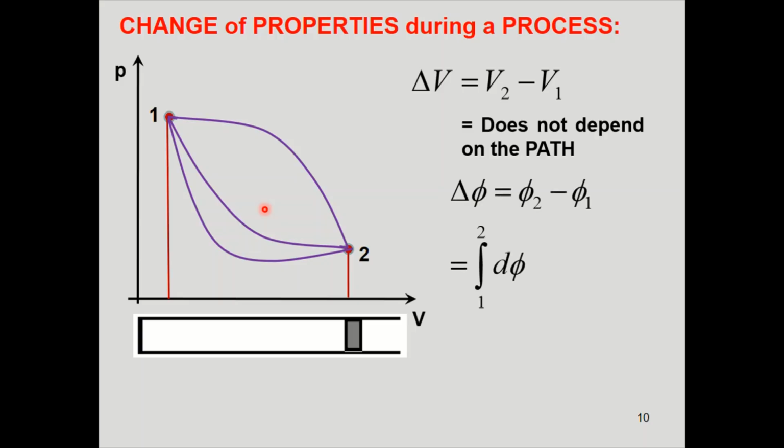And since we know mathematically del phi is equal to phi 2 minus phi 1, which is equal to the integral from 1 to 2 of d phi, that happens in case of exact differential. So we can say properties are exact differential.